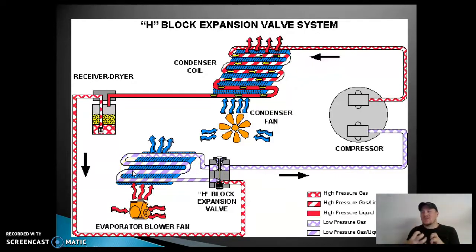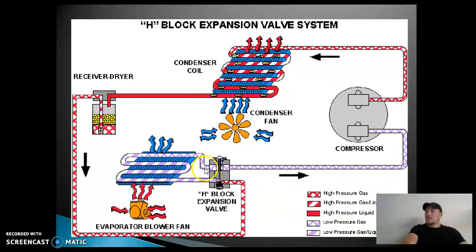So it wants that heat because it's trying to go through, once again, a state of matter change. It's trying to go from a liquid vapor mixture to a pure gas. As that state change happens, it's pulling the heat out, and the effect is cold air gets blown through the evaporator into the cab.